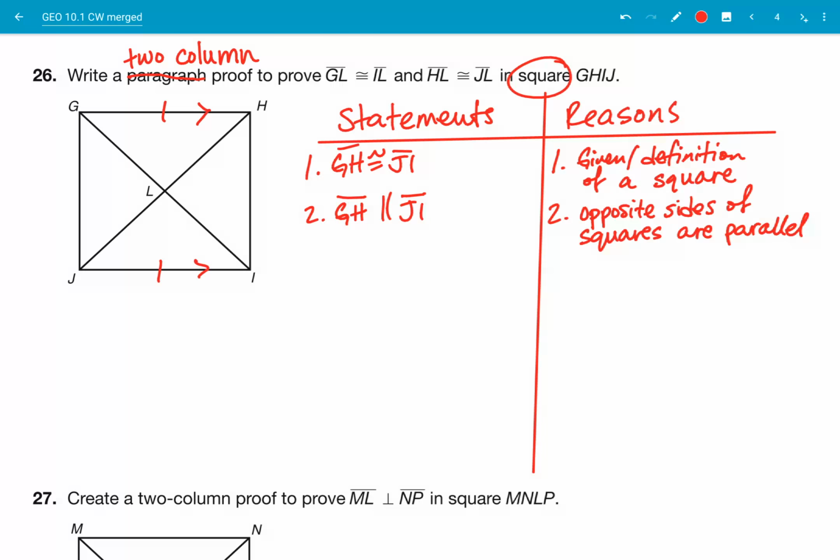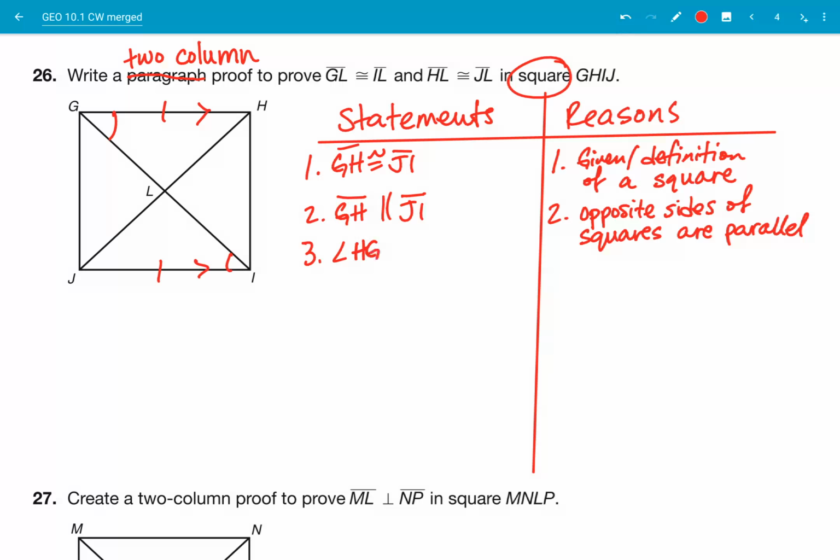Okay, so if I have parallel lines, then I have some special angle relationships. So I know that angle HGI, which is this angle right here, is congruent to angle GIJ, which is this angle right here.